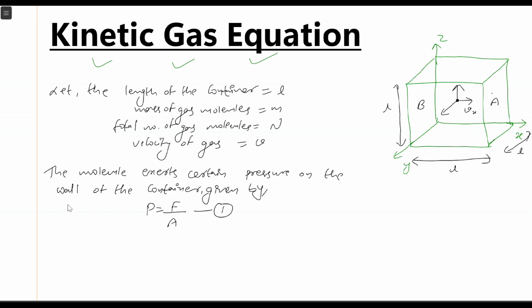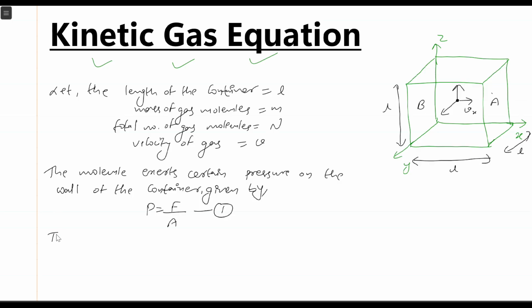If the molecule is considered to be traveling in the x direction with velocity vx, and the mass of the gas molecule is m, then it will have a certain momentum as well, right?